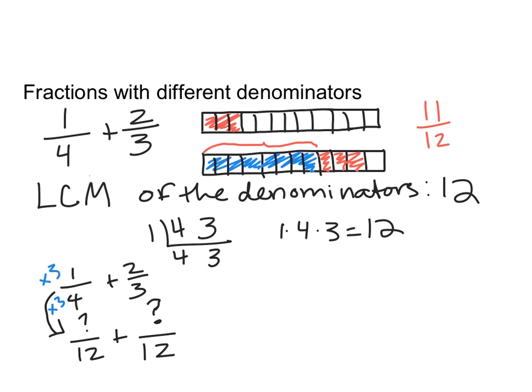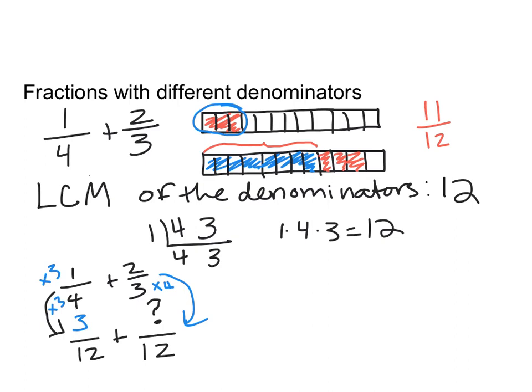So we're going to do 1 times 3, which will give us 3 as the numerator for the 1/4, which matched with what happened up here, right? We broke that up and got 3 of them. Then we do the same thing for the other side. So here it was multiplying by 4, because 3 times 4 gives you 12.